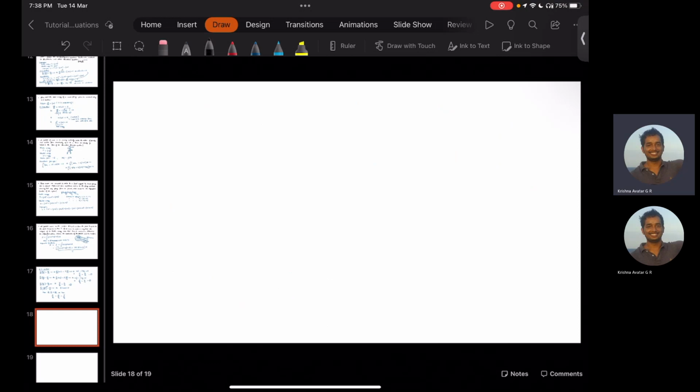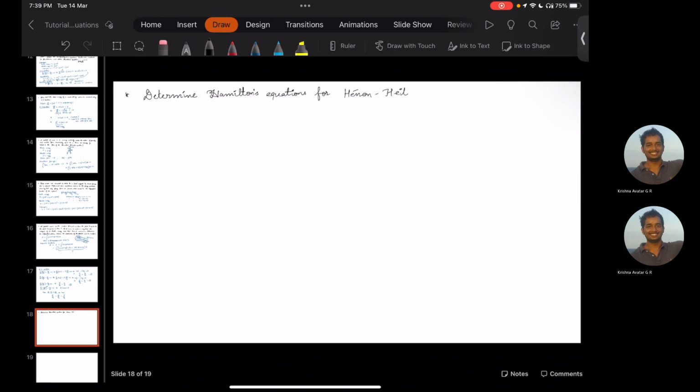Okay, so let me start with one problem. Let me state the problem. Determine the Hamilton's equations for the Henon-Heiles problem.